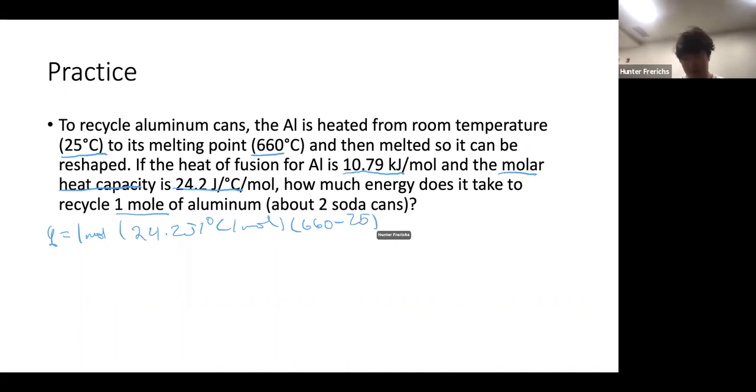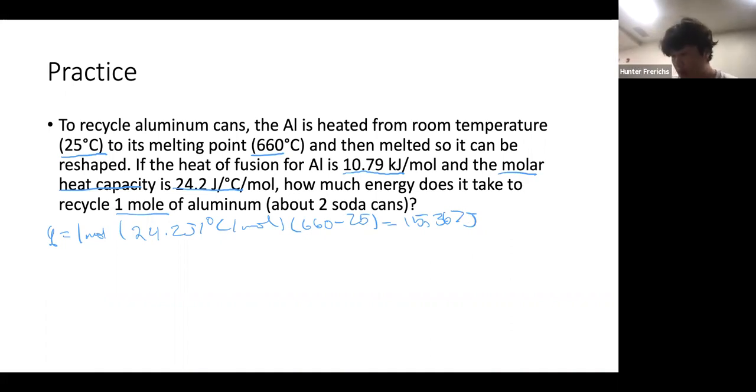You just multiply those together: 24.2 times 635. That gives you a total of 15,367 joules of energy. Sorry, I meant to say 15,367 joules.